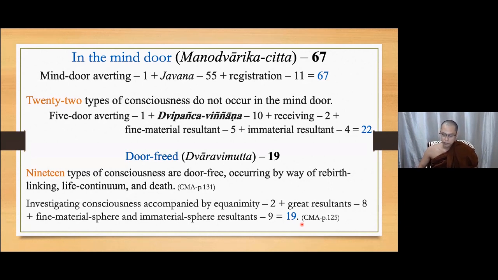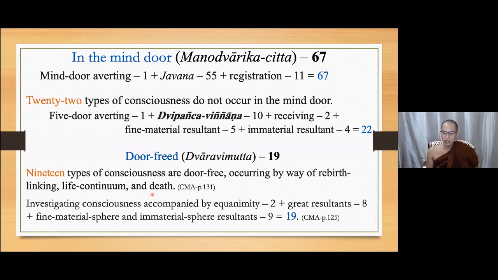Here, the near-death moment of the past life means the preceding one. The javana takes the object, and then the rebirth-linking consciousness follows, taking this object of the javana of the near-death moment of the preceding existence. Then bhavanga, life continuum, and cuti also follow the patisandhi. In this way, they are not taking a new object. They just apprehend the object determined by the last cognitive process of the preceding existence.